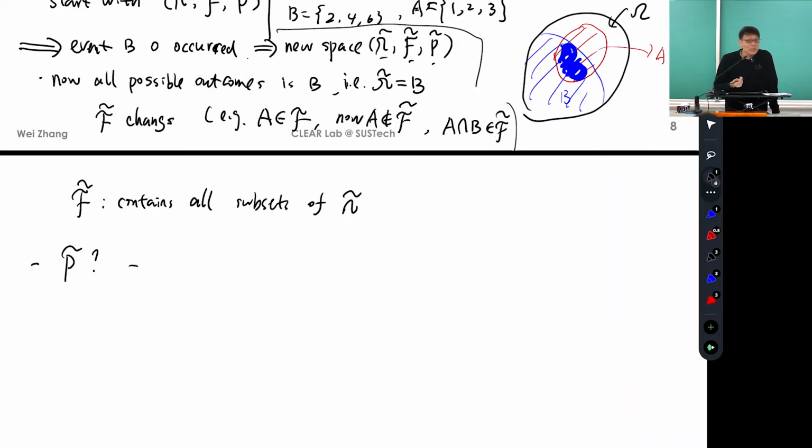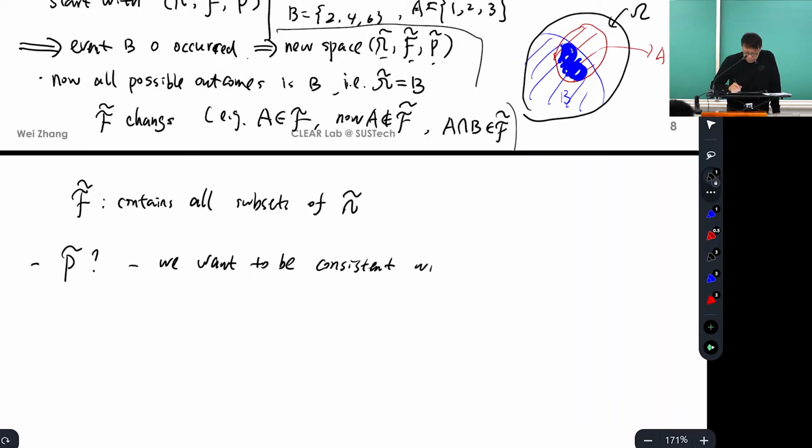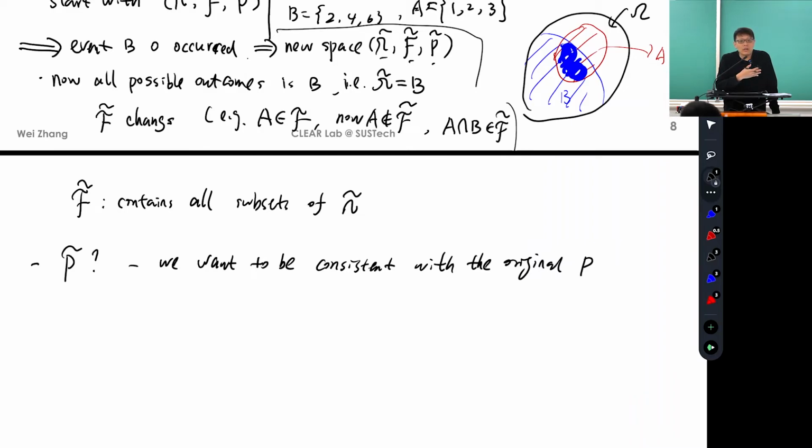I can specify it any way I want, but one thing is that we want to be consistent with the original P. It's not because everything all of a sudden changes.